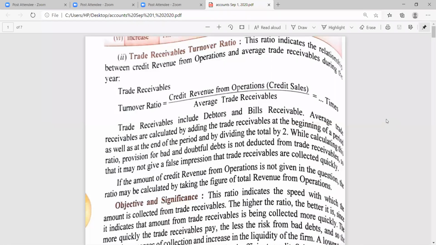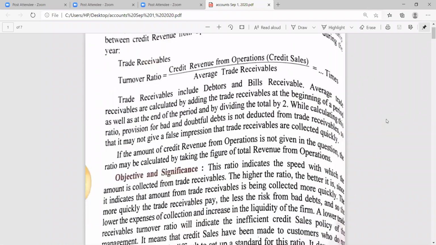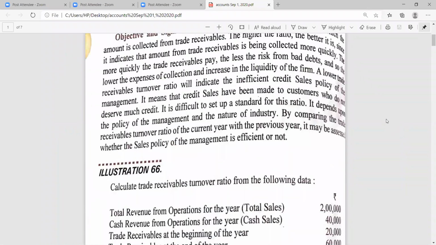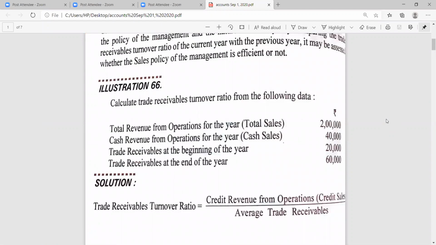Trade receivable here includes the debtors as well as bills receivable. After that we calculated with very simple information. The total sales and cash sales are given to us, with the help of which credit sales can be calculated, and with the help of opening and closing trade receivable, the average trade receivable can be calculated.